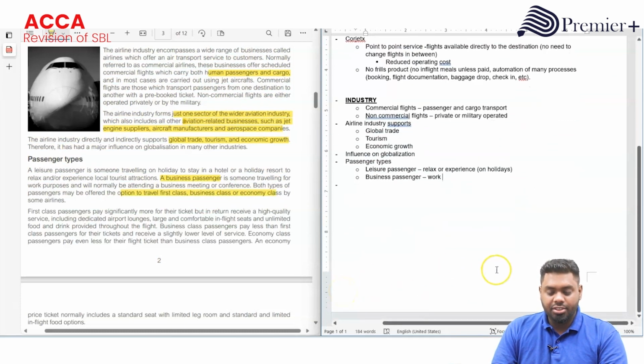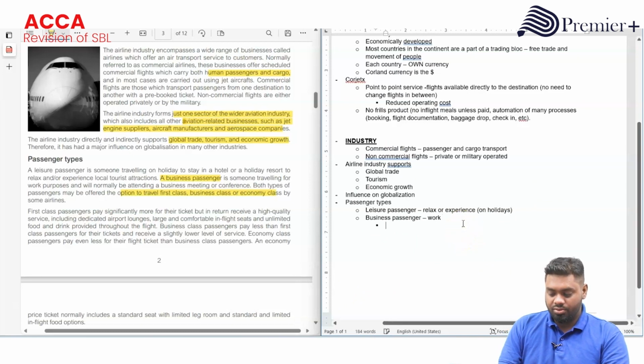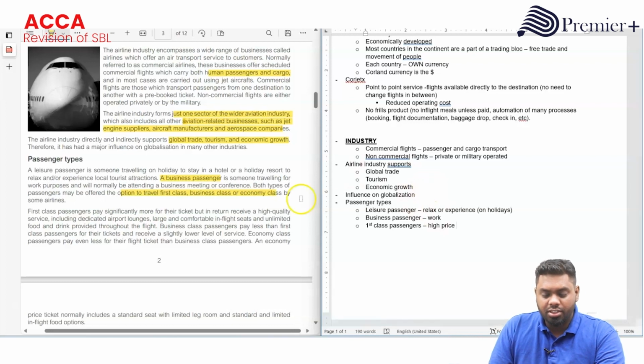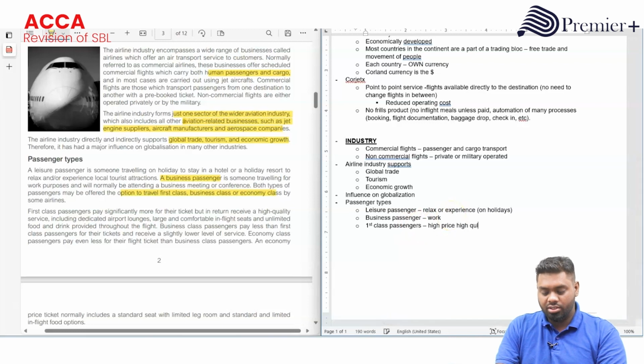First class passengers pay significantly more for their tickets. Price is high, but in return they receive a high quality service, including a dedicated airport lounge, large and comfortable in-flight seats, and unlimited food and drink provided throughout the flight.